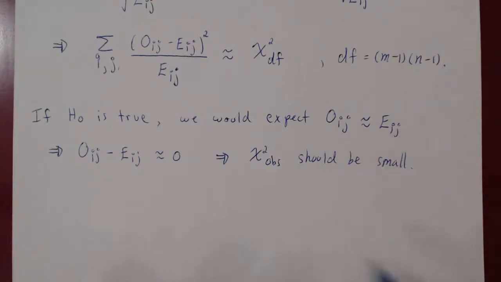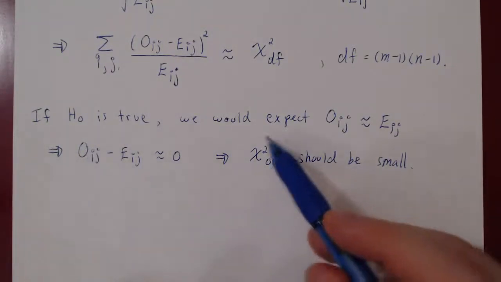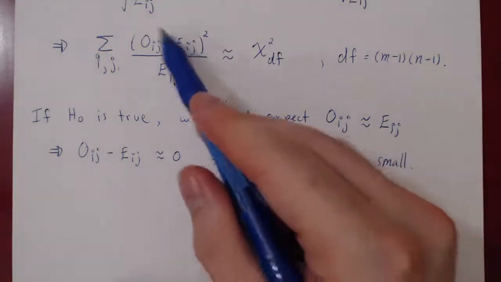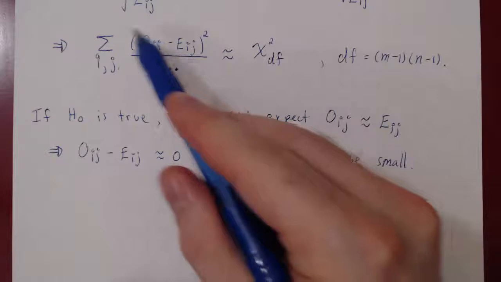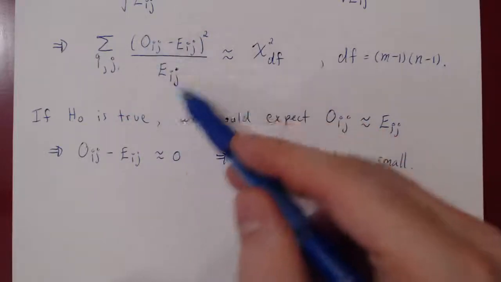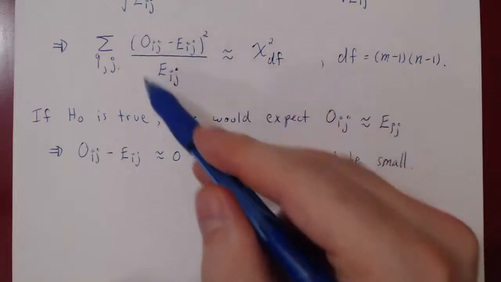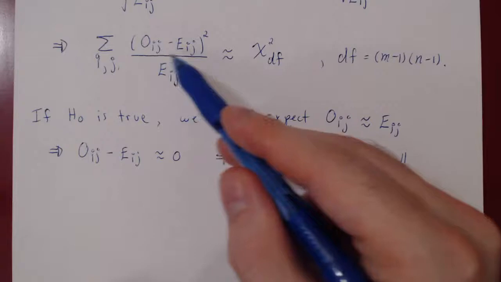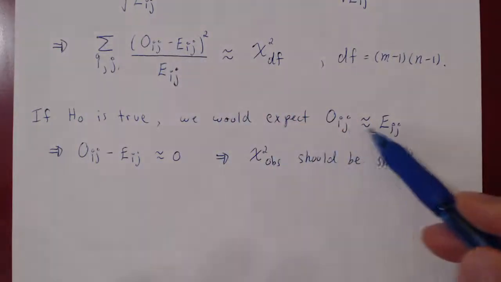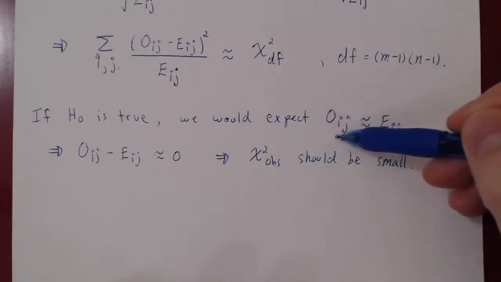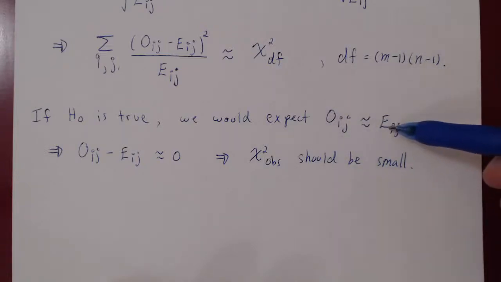That's the idea. So a small value of chi-squared, and if you think of it, you're summing squares. The only way for the whole sum to be small is if on average the terms are pretty small, and the only way for this to be small is if this is a rather small number, therefore O is very close to E. But if O is very close to E, this says that the observed values are really close to the expected ones under the assumption of independence.